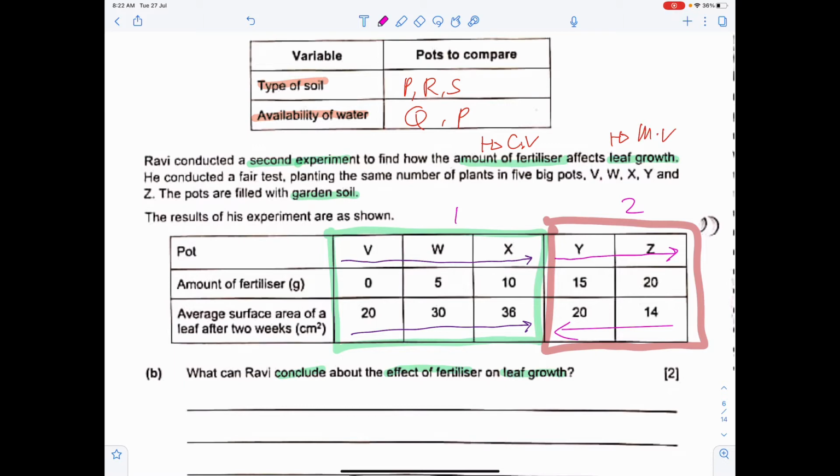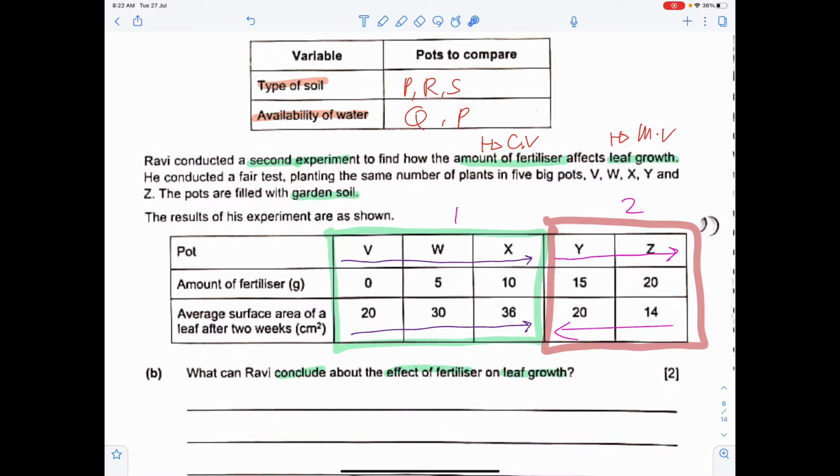And another factor is that students are not able to state whether is it above 15 or is it above 10, whereby it starts to drop. So in your answers, some of you would say things like, oh, anything that is 15 or more, okay, the fertilizers added, the plant rate growth will start to decrease. But is it really at 15?